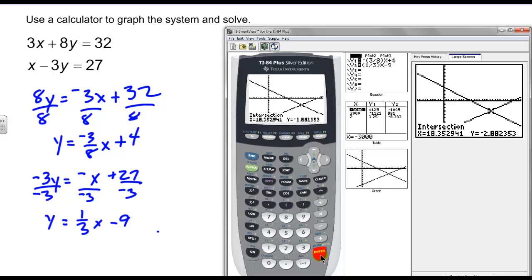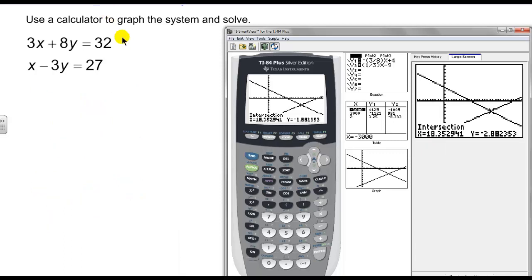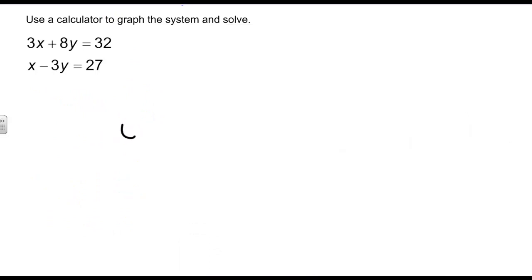The drawback to using graphs is that you get these decimal approximations. And if I did this algebraically, I could find the exact fraction where those intersect. But we're going to use a calculator for now. So we'll just say our solution is the coordinate of 18.53 for the x.